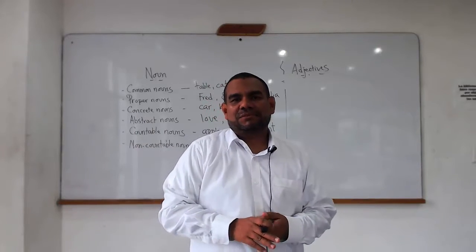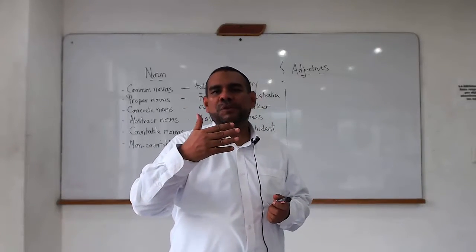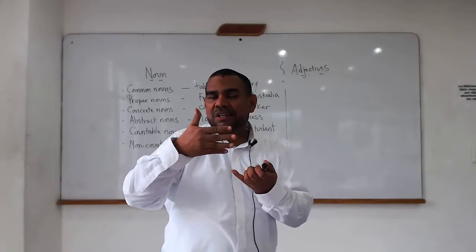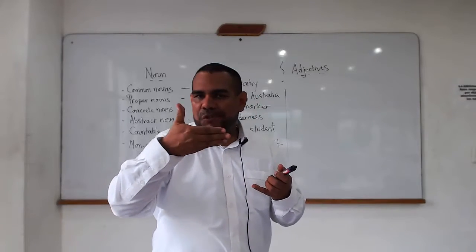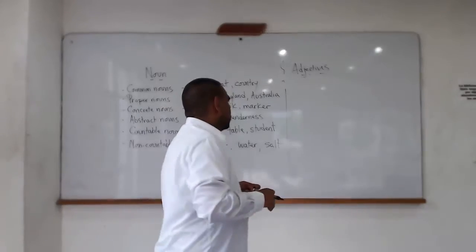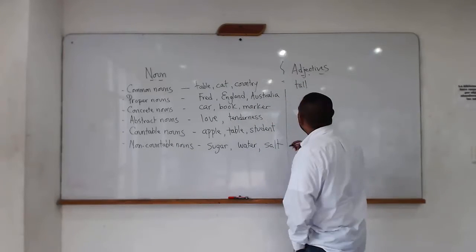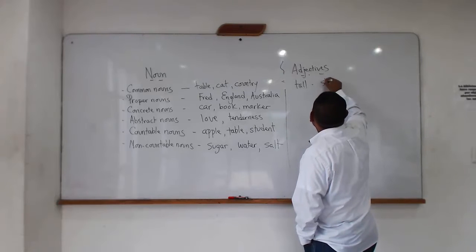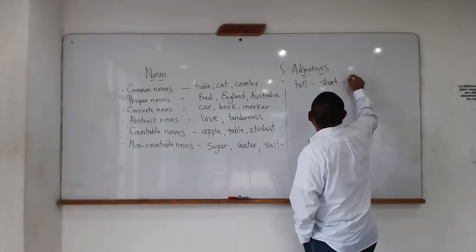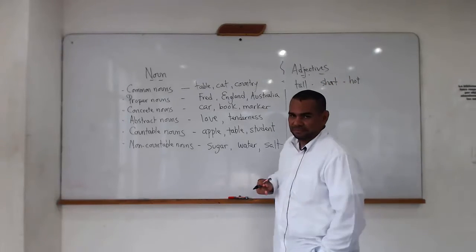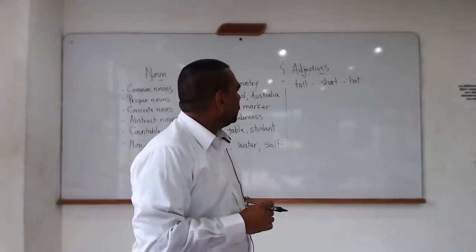What kind? Okay? Because it attaches, actually grants, characteristics, features, and qualities to the nouns. For example, tall. For example, short, hot, etc. Okay? Adjectives.